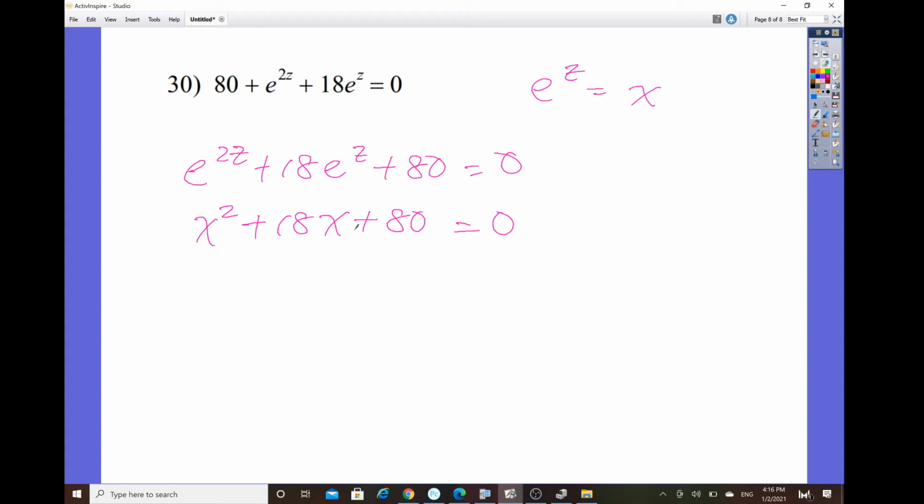Okay, so it looks like this one is non-factorable. Okay, so the combo for 80, 16 and 5, 20 and 4, or 4 and then what else? 2 and 40. So none of those work.